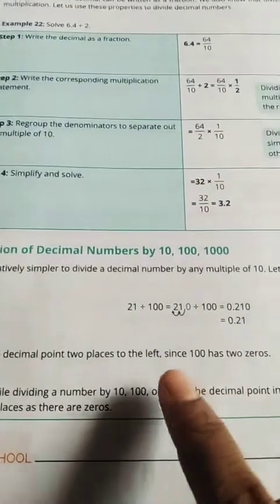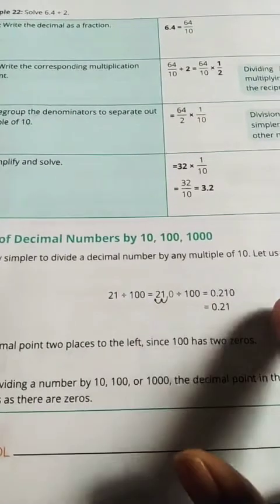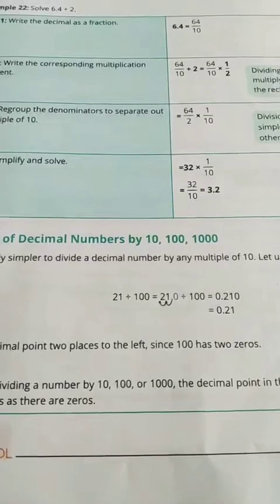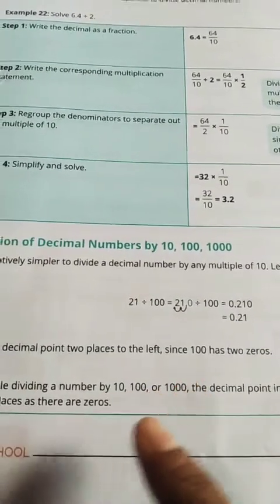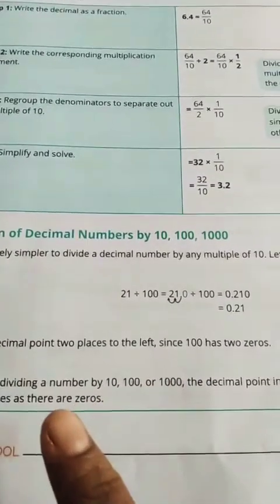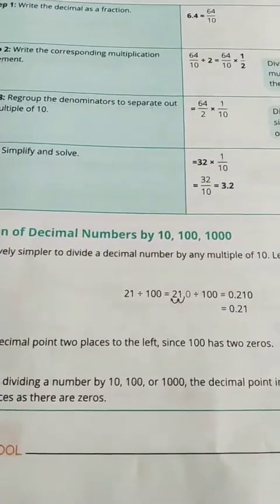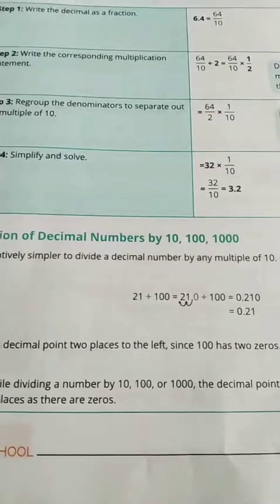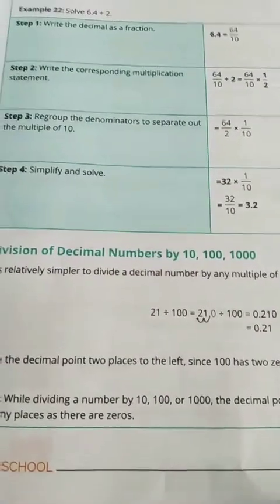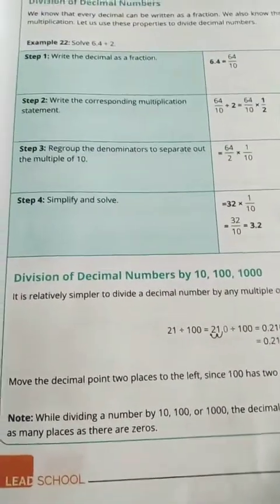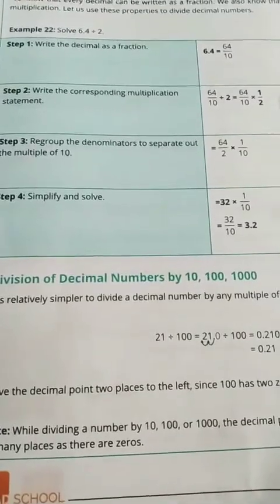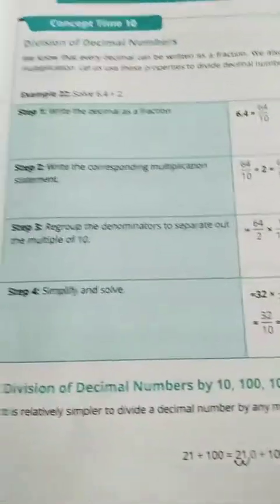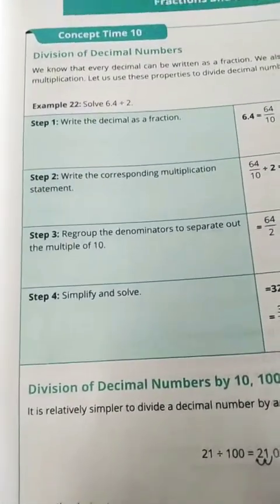But when you divide by 10, 100 or 1000, the decimal point moves backwards. If it is by 10, it moves one place to the left. If it is by 100, 2 places to the left. And if it is by 1000, it is 3 places to the left. I think you have understood. We have done this in our earlier classes also. Let us see some more examples given in the practice questions now.